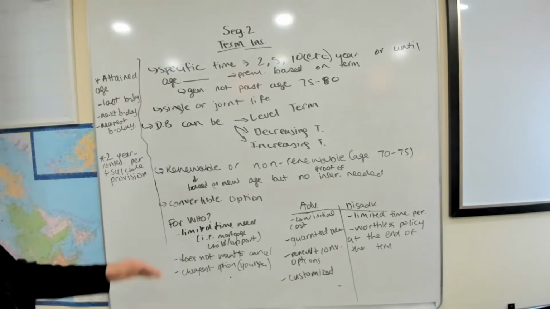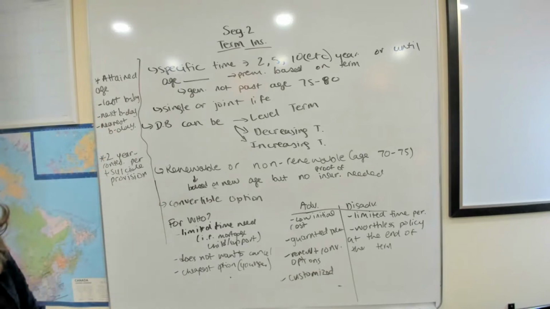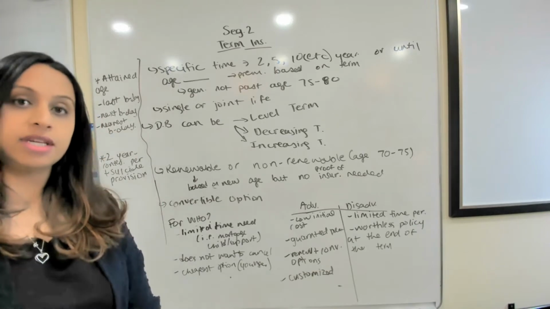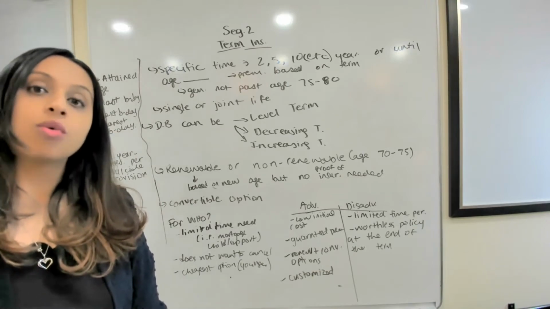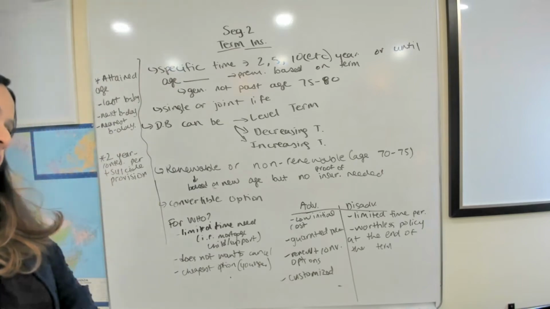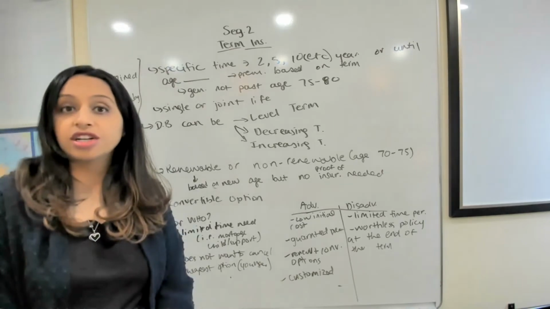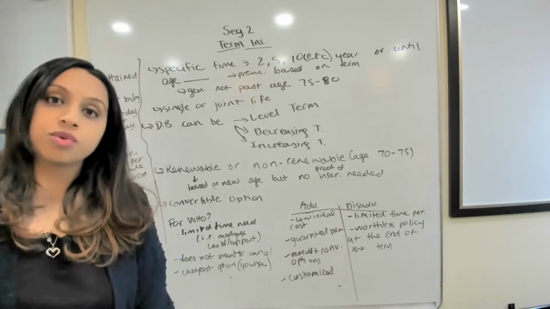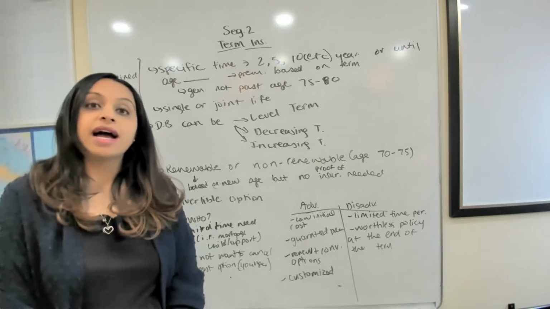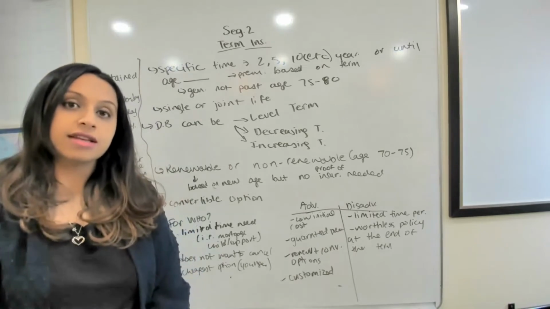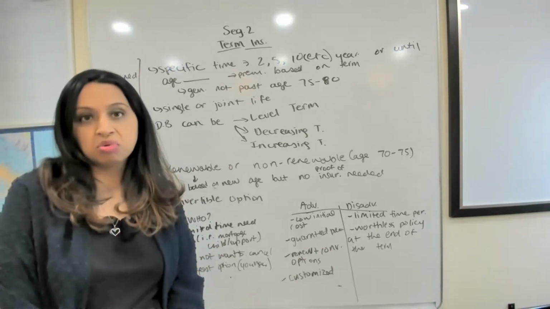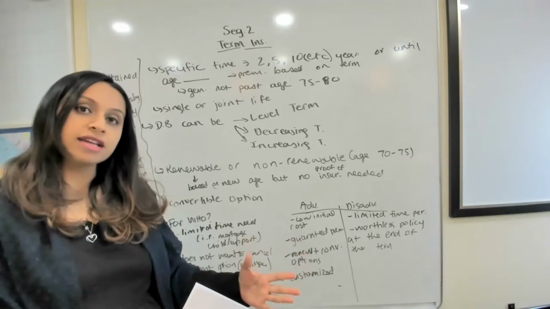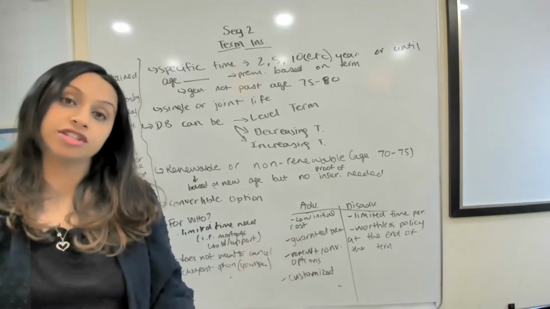So one of the things is attained age. Attained age is something that the insurance company uses to figure out how old you are. Now, generally, the price is not going to change dramatically if you're 22 versus 23. But the insurance company has age brackets, right? So let's say from 20 to 29 is one age bracket, and then 30 to 39 is another age bracket.